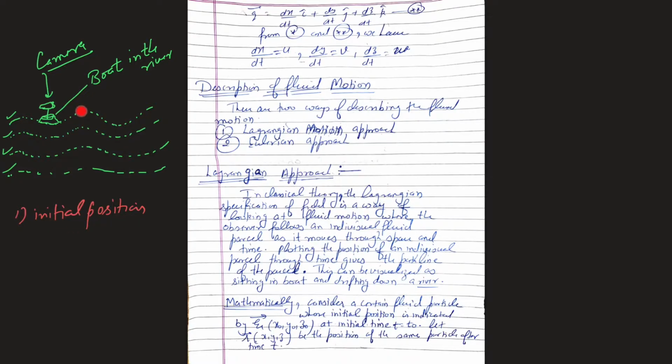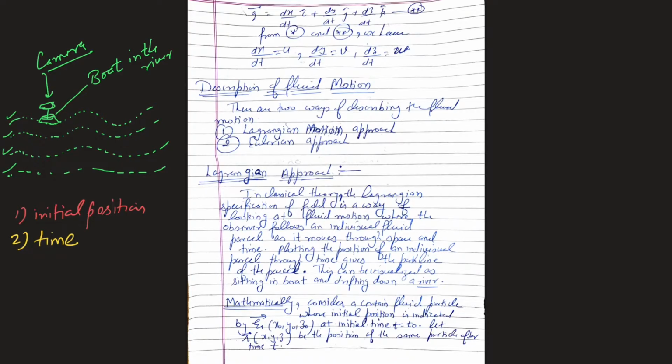Secondly, at this time this particle is over here, this particle is over here, and this particle is over here. After some time this particle reaches over here, this will reach over here, and so on. So in the Lagrangian approach, the motion is also dependent upon a second component, and that second component is time.